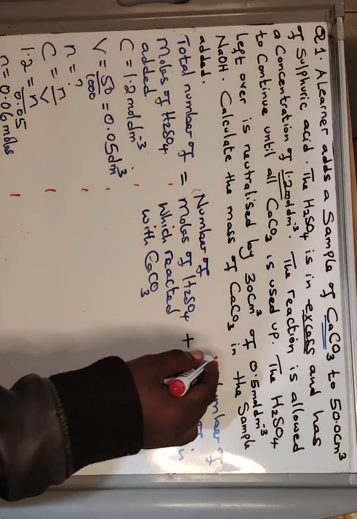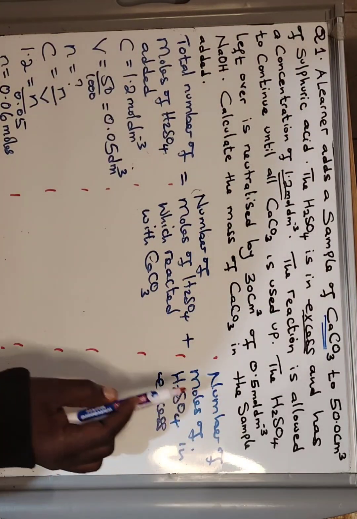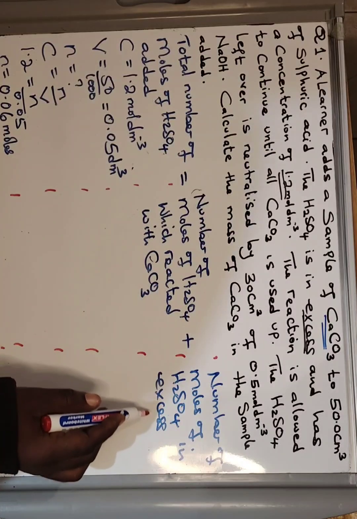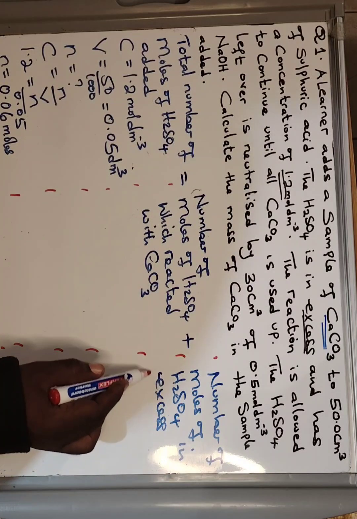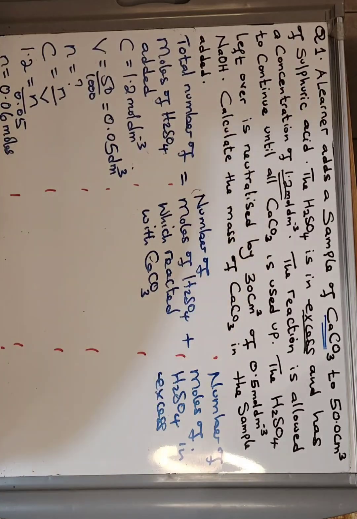Now we are coming to this one. We are going to calculate the number of moles of sulfuric acid in excess. This space is not enough, so we are going to go to another page, but we will come back to this formula.